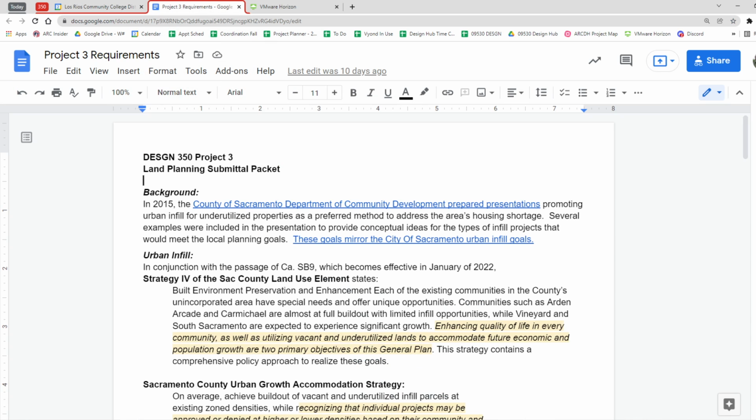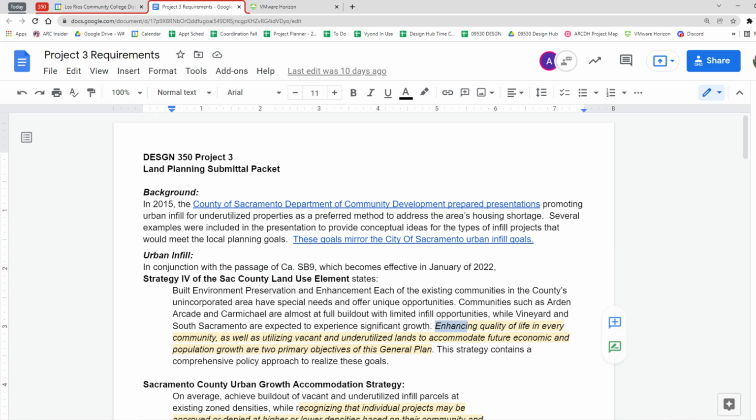So remember, we're really talking about underutilized properties as the preferred method to address the area's housing shortage. Now, you really need good proposals now because even with SB 9, which, as you recall, did away essentially with RD1, residential 1 unit per lot, there's still a lot of pushback at the local level, and you might just really want to do a little bit more.